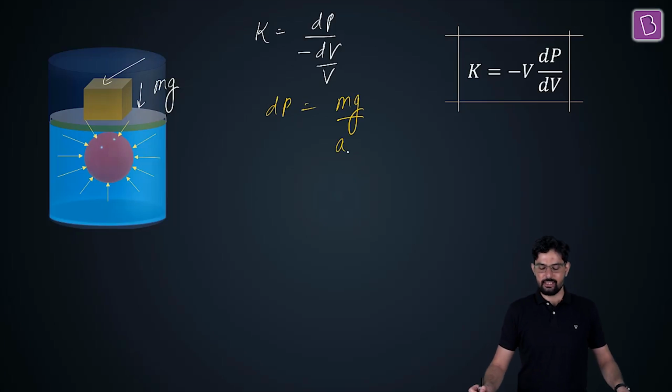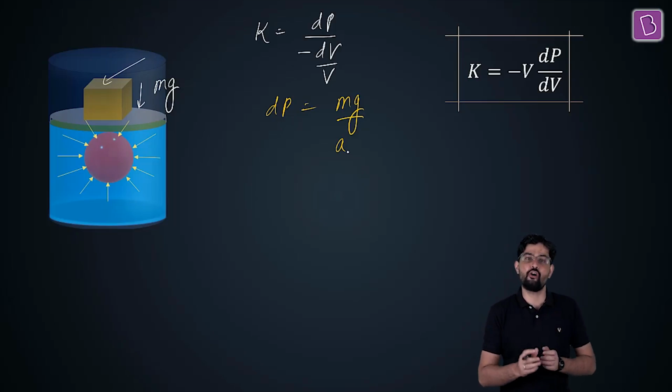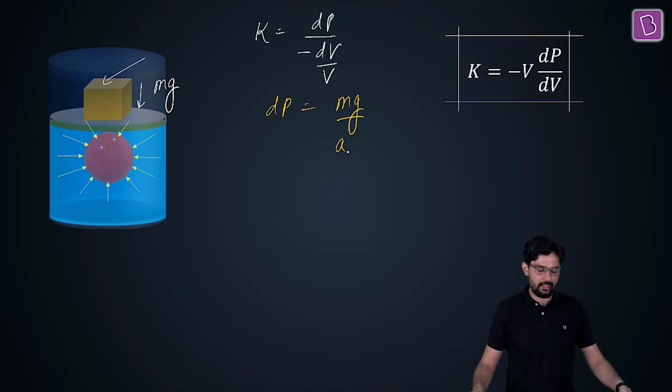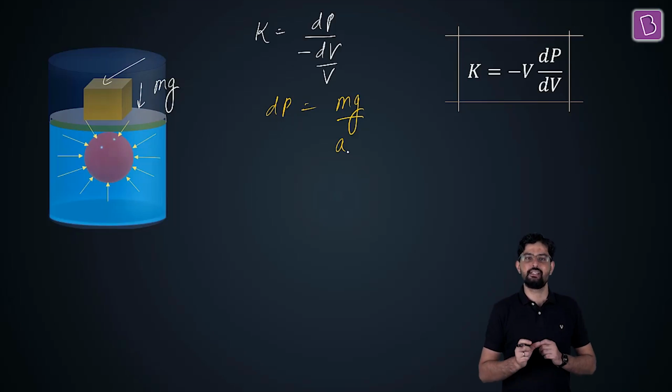And now what is dV by V in terms of dr by r? Because remember, we have to find what is the magnitude of dr by r. And by intuition, we can tell that the volume is going to decrease. That is, the radius is going to reduce.